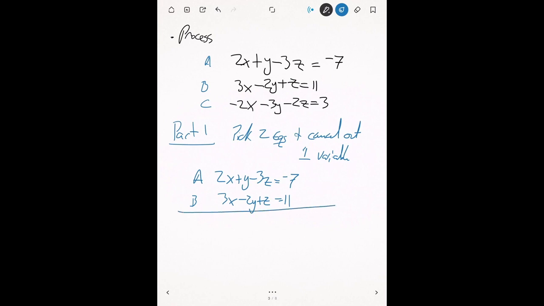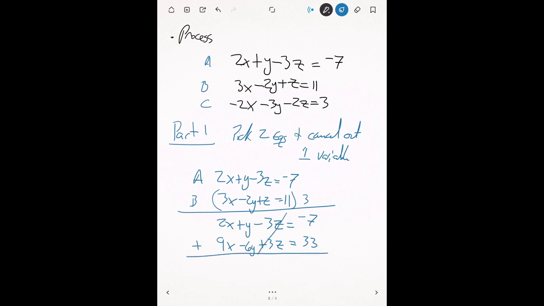So what do I have to do to cancel out z? Well, I'm going to leave equation A as it is, but I'm going to multiply equation B by the number 3. So I get 9x minus 6y plus 3z equals 33. I'm using the elimination method.